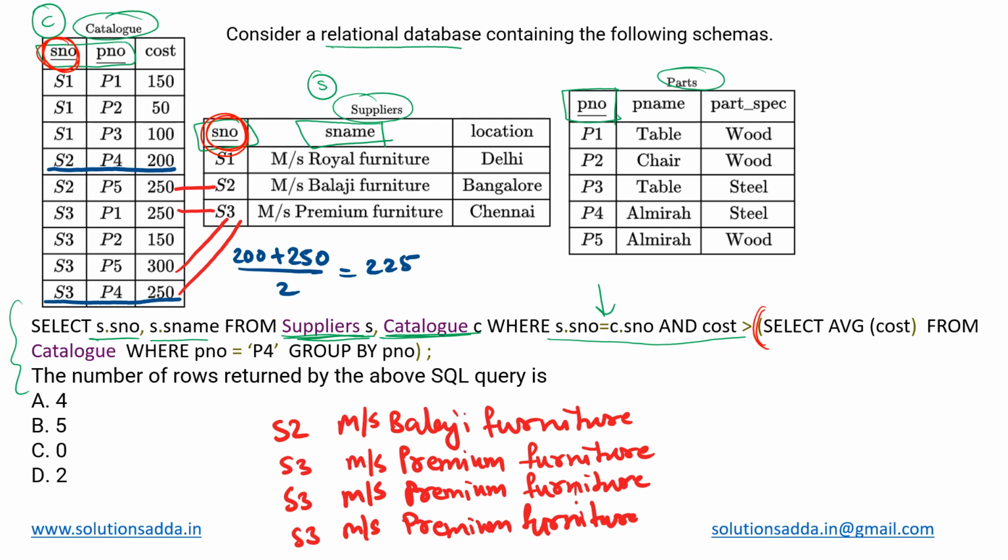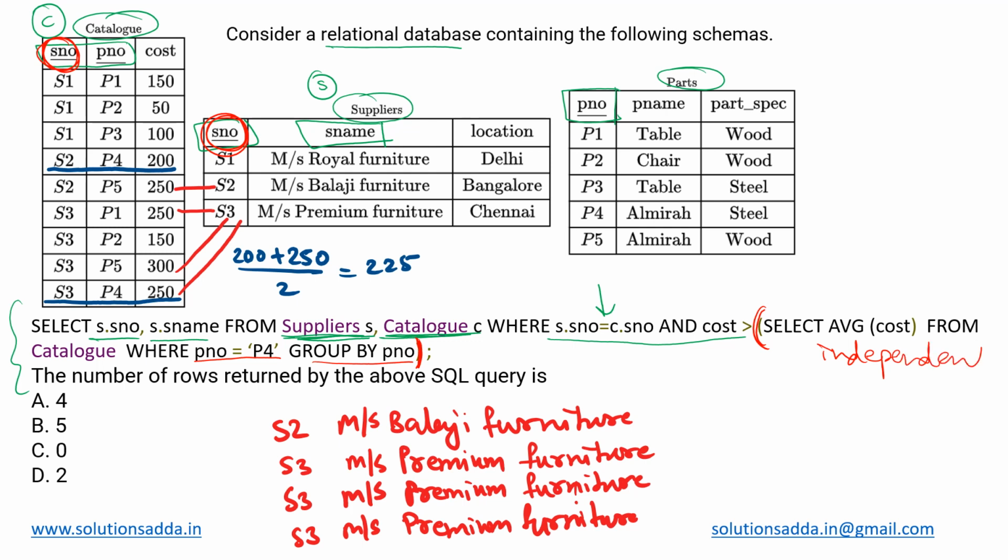So here we have been given a subquery, and when we look into this subquery, it is select average cost from catalog where P number is P4 grouped by P number. So we can understand by looking at this that it is an independent subquery.